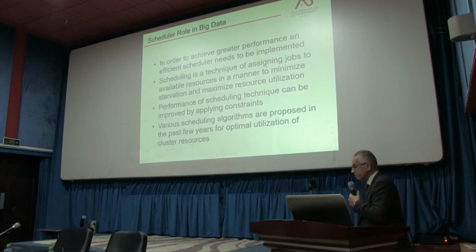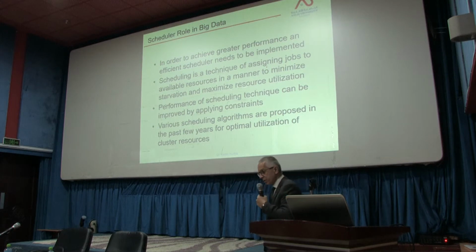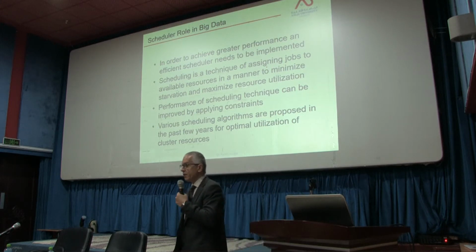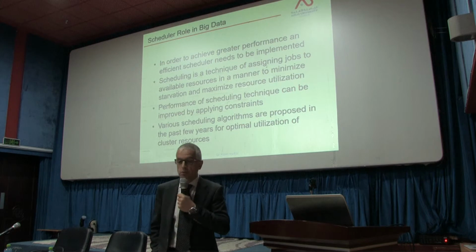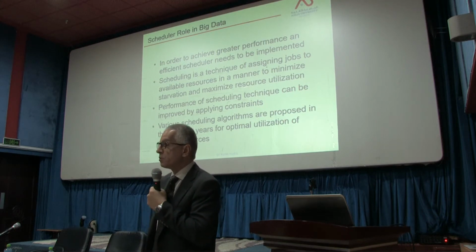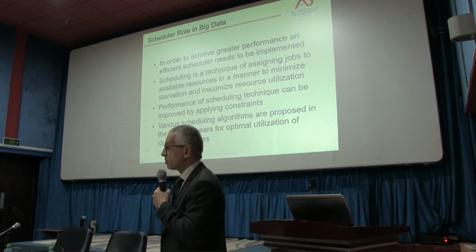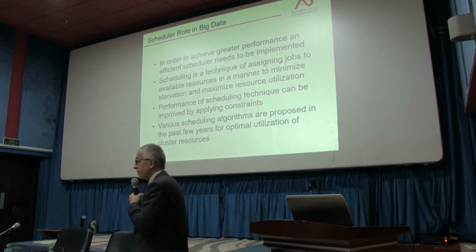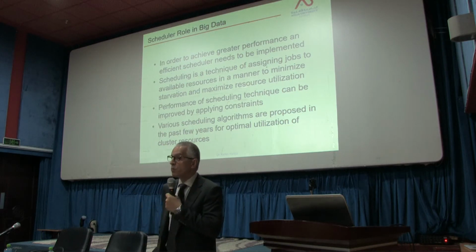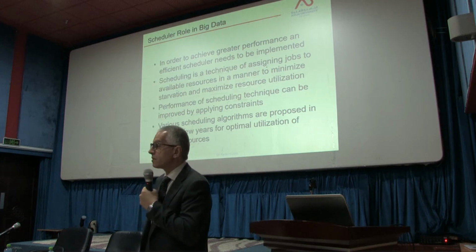So the main problem that we are facing in big data clusters is once you have a job that you need to assign to the cluster. Of course, we are talking about clusters that have big numbers of computers. So how do you assign these tasks?